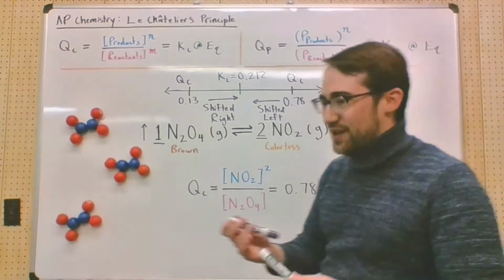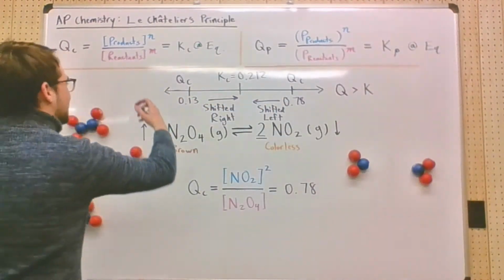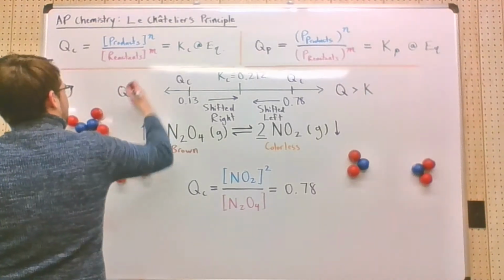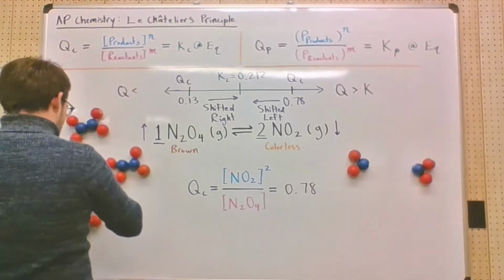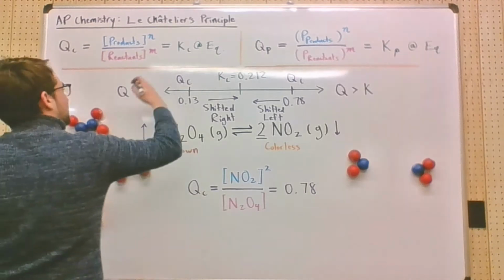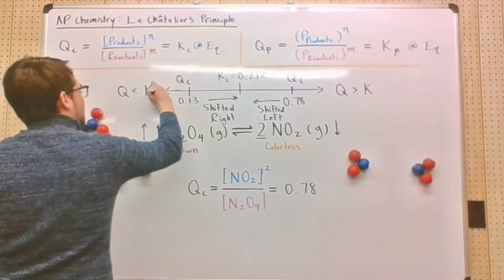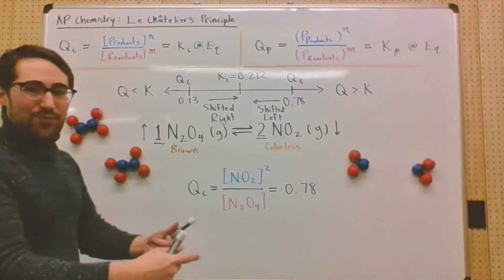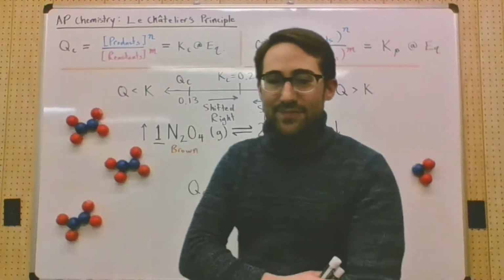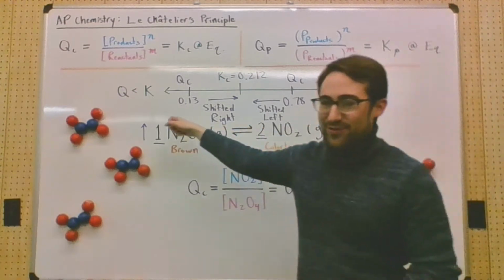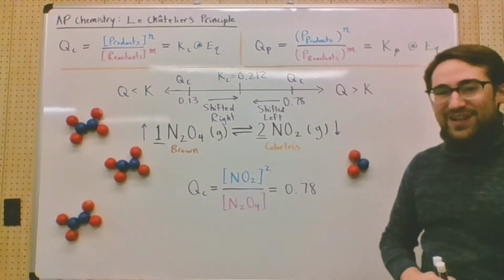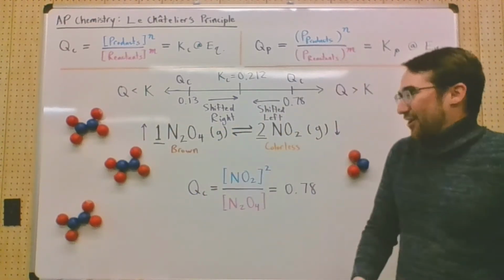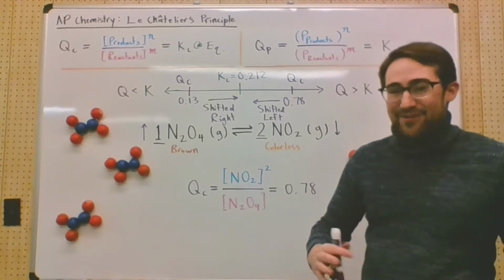And if our Q is less than our K, we are shifting to the right to generate more products and use up some of our reactants. Now, these two little things are sometimes a little bit hard to keep track of because it's like, oh, is it less than, greater than, left, right?